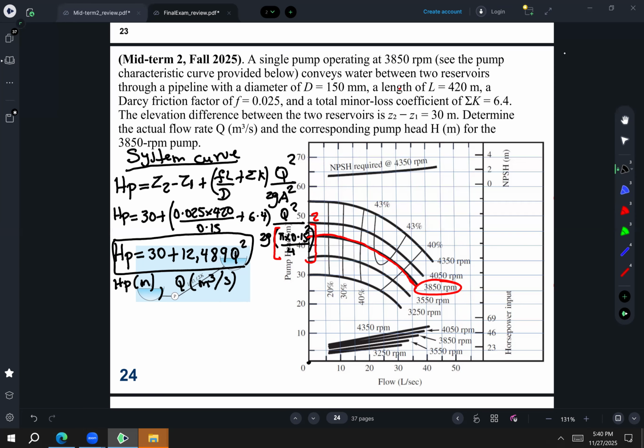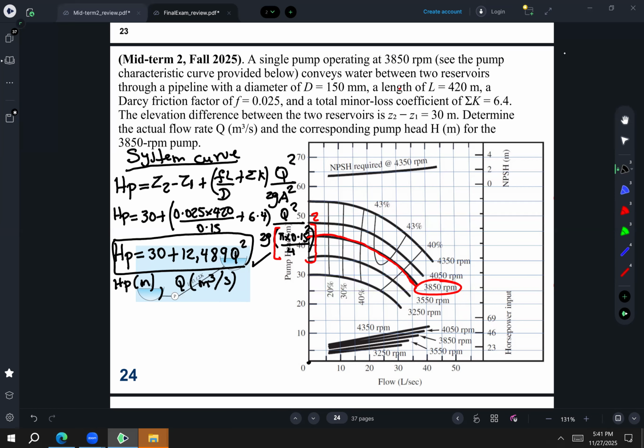So that is the system equation. There are many ways we can solve this problem. One of them is the graphical method, where I can plot the system curve on the pump curve.